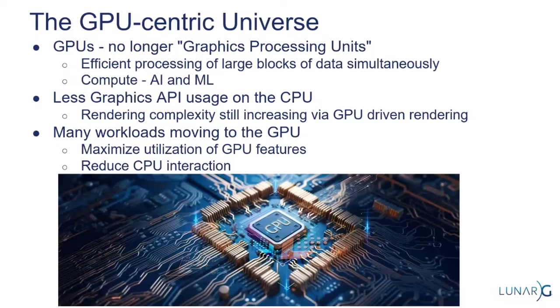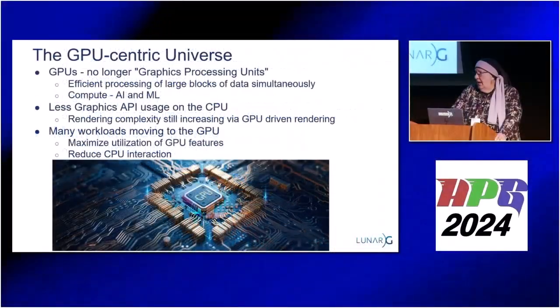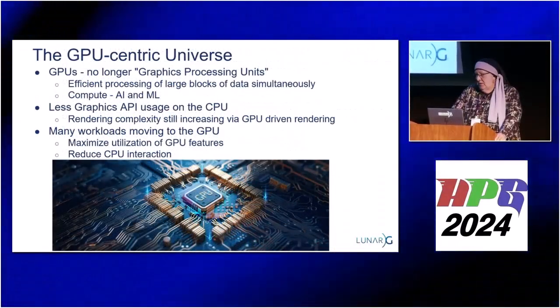Artificial intelligence, machine learning, etc. More and more, less graphics API usage is actually occurring on the CPU, but rendering complexity is still increasing via GPU-driven rendering. And workloads are moving to the GPU because they want to maximize utilization of those performance benefits of the GPU features, and they need to reduce CPU interaction.